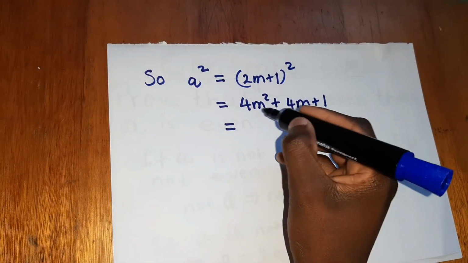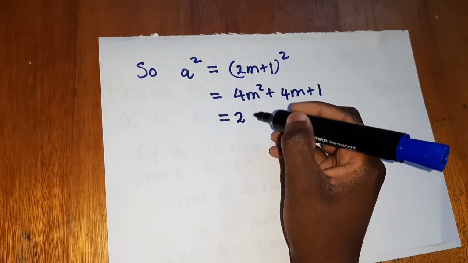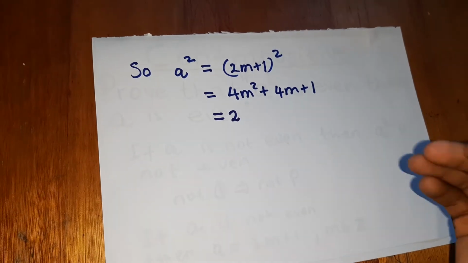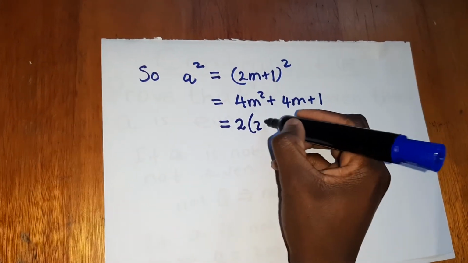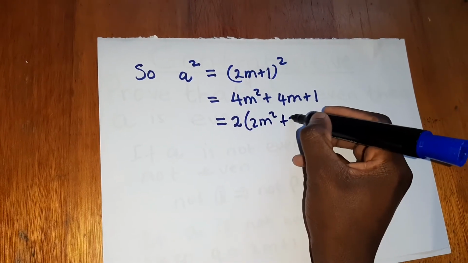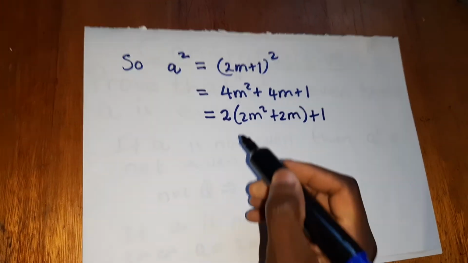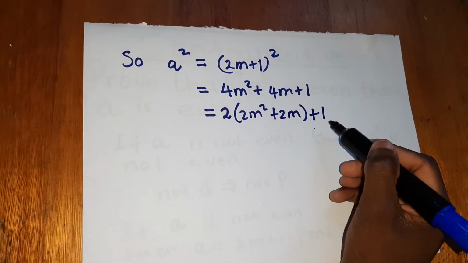Then we will take out the common factor, 2, not 4, because we want to express it in terms of 2 multiplying something plus another number which is odd. So it will be 2 multiplying (2m squared plus 2m) plus 1. Now we have 2 multiplying something plus 1.